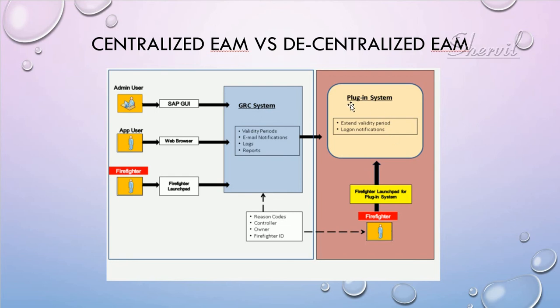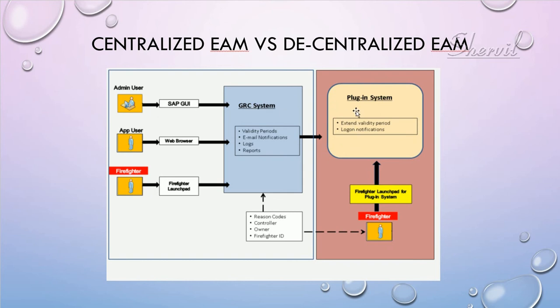Normally people go centralized nowadays, but one of the advantages could be that if the GRC system goes down for some reason and you have the decentralized EAM setup, then your business is not going to get affected, because users can still get the emergency access and perform the activities they would need to perform on an emergency basis.